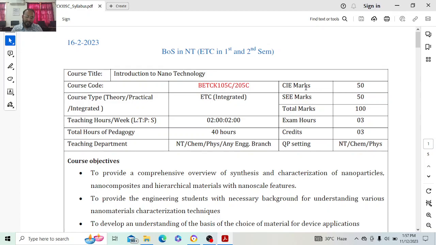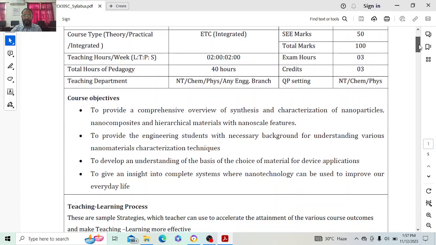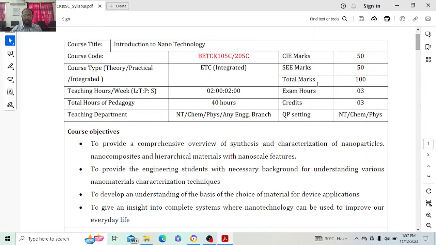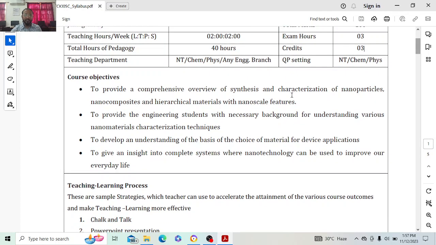And for external exams, SEE, it is 50 marks, as mentioned here, and total marks is 100. Teaching hours and all these things are not required for our classes. What you should remember is the marks and total credits. It has 3 credits, which is very important, and these are the teaching departments.